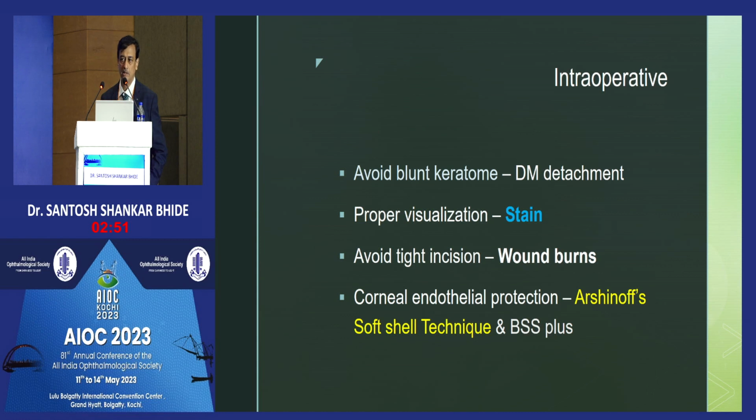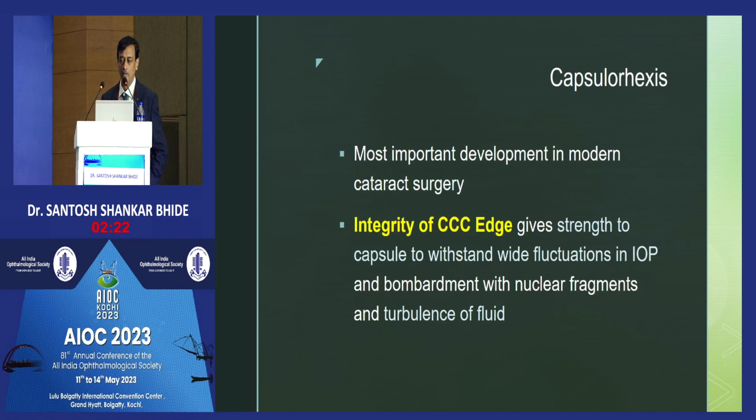Proper visualization during surgery is a must, and you should not shy away from using stains to stain the capsule, especially if there is a dense arcus, or if there are some corneal opacities, and if you feel that the illumination is not sufficient to visualize the anterior capsular edge, better to stain. Avoid tight incisions to avoid wound burns, and for corneal endothelial protection, Arshinov's soft shell technique and use of BSS Plus will definitely help you.